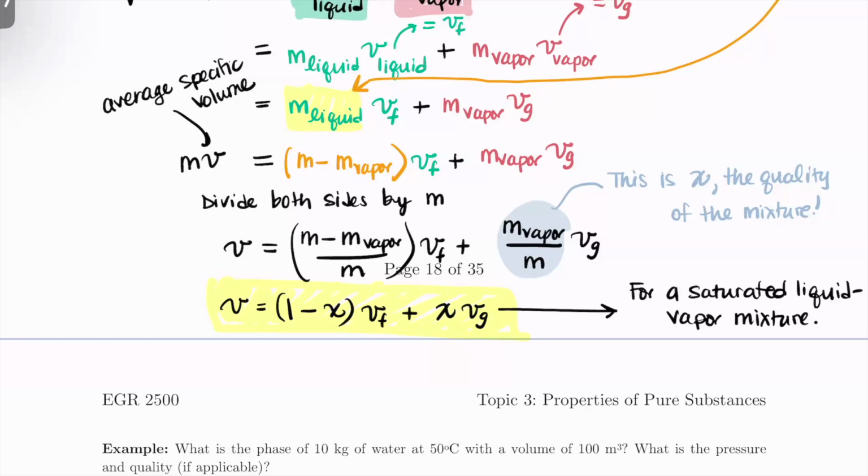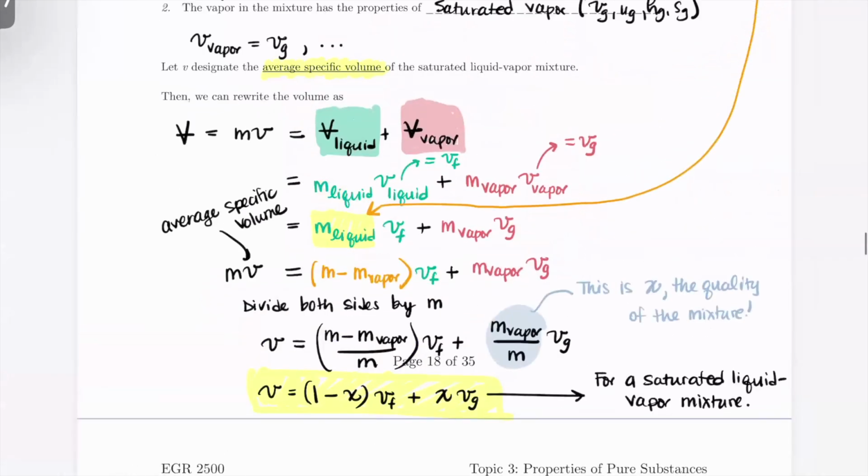We can do a similar derivation, which I'm not going to show you, but it looks exactly the same as this. So similarly, we can do this for internal energy, enthalpy, and entropy. So we have U is equal to 1 minus X UF plus X UG.